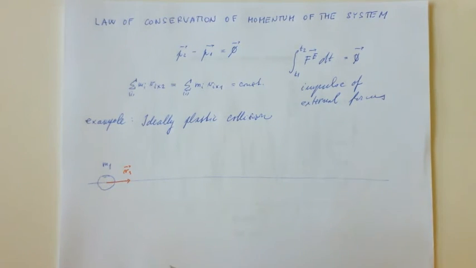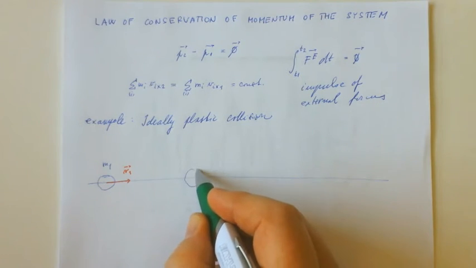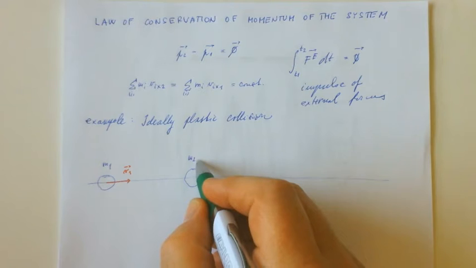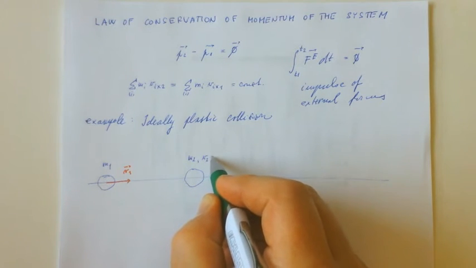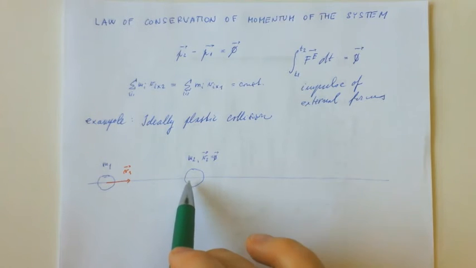And there is another particle m2 with velocity v2 equals 0. Okay, so it's at rest.